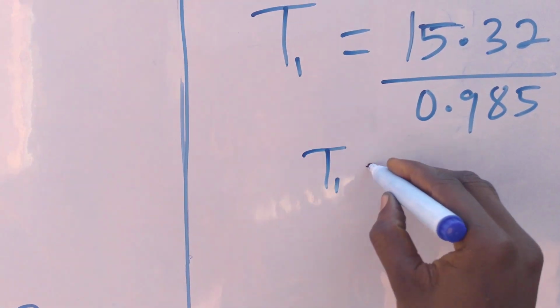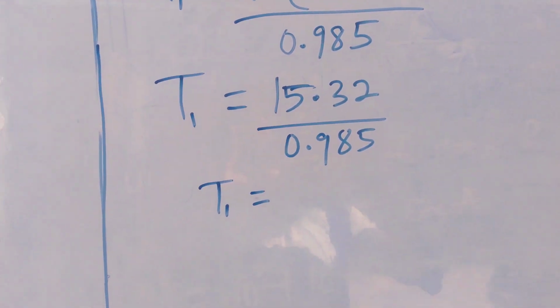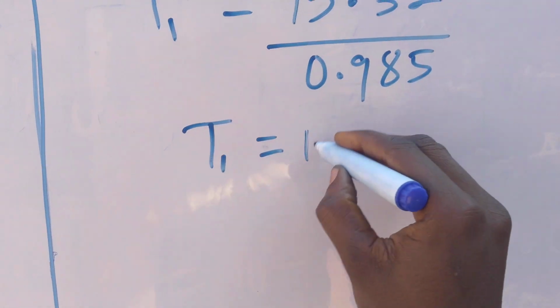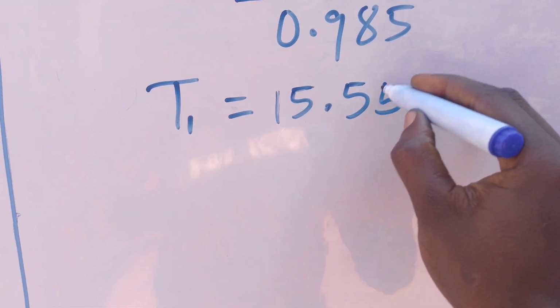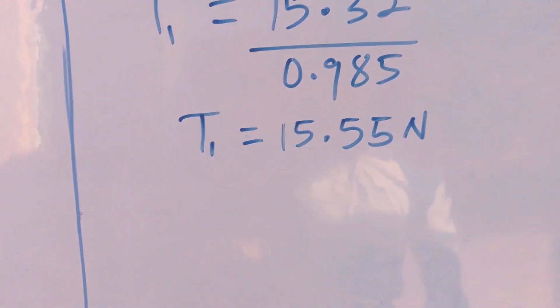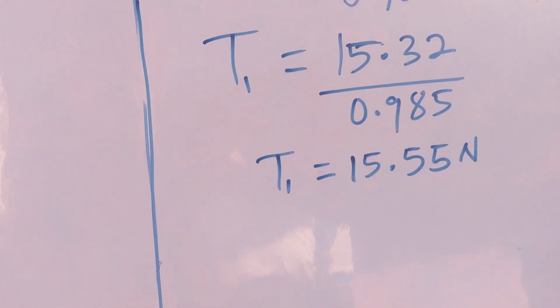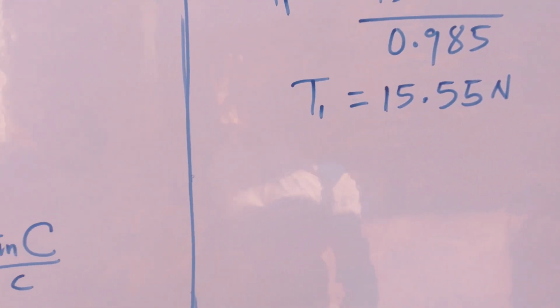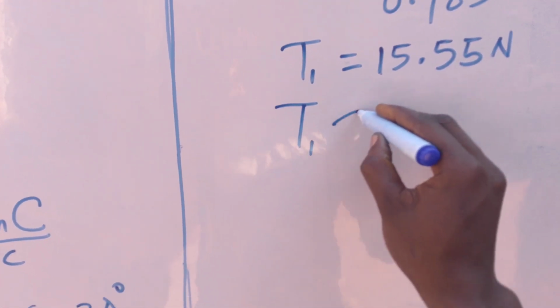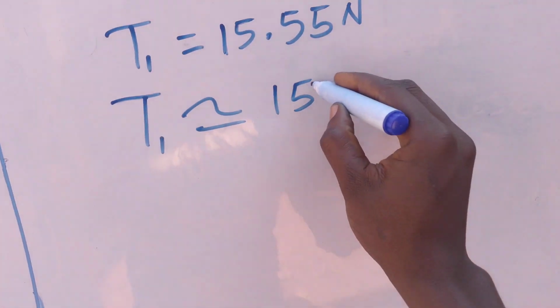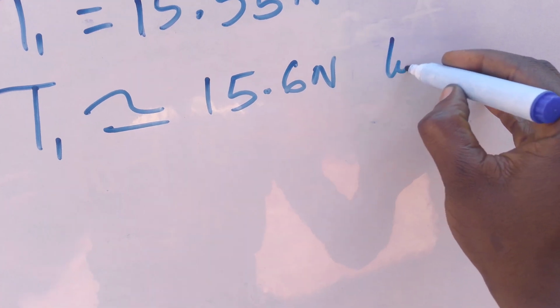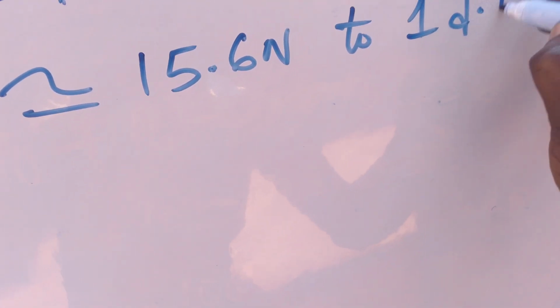My tension T1 will be 15.55 Newton. This is approximately 15.6 Newton to 1 decimal place.